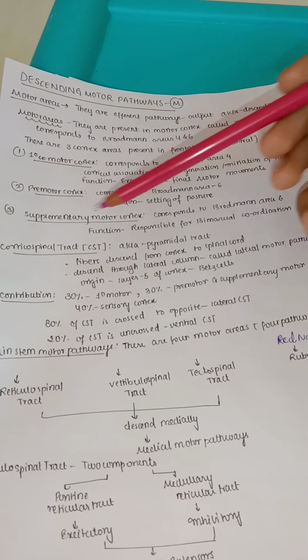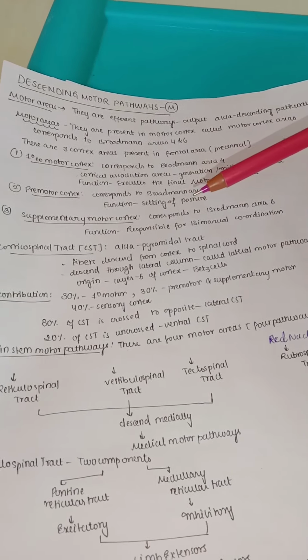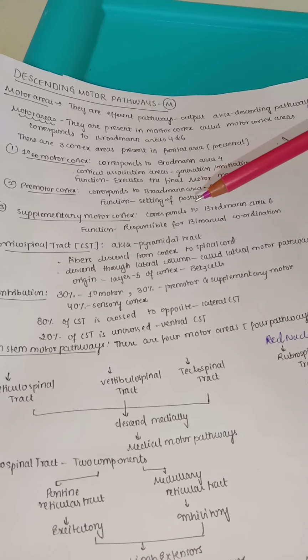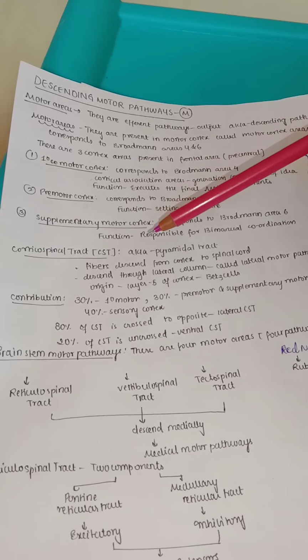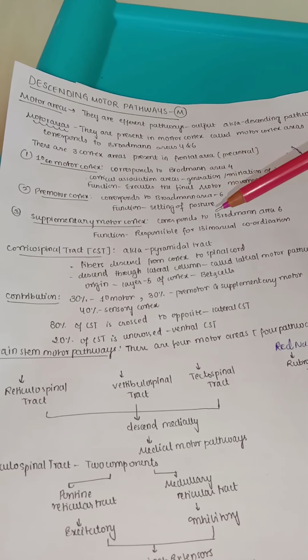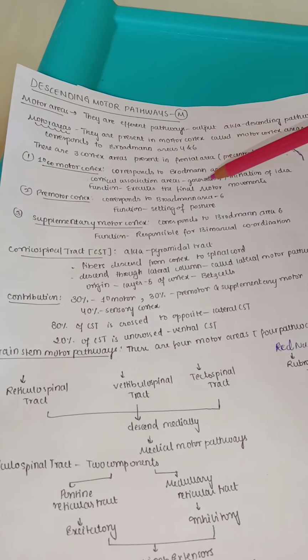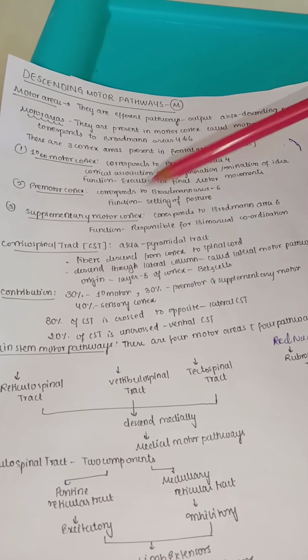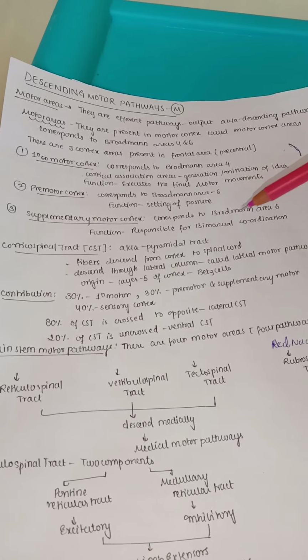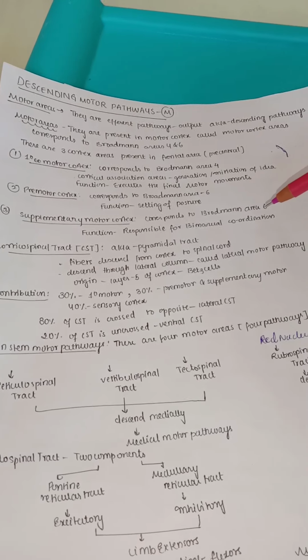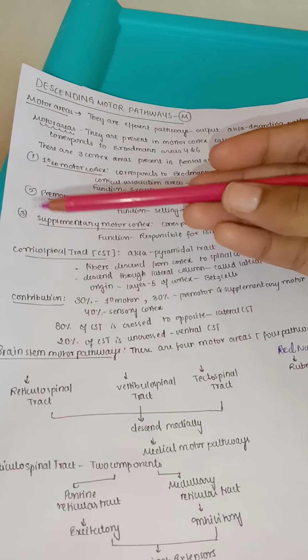Next, coming to the supplementary motor cortex. It also corresponds to Brodmann area 6. So the premotor cortex and supplementary motor cortex both correspond to Brodmann area 6, and only the primary motor cortex corresponds to Brodmann area 4. The main function of the supplementary motor cortex is bimanual coordination, meaning both sides.